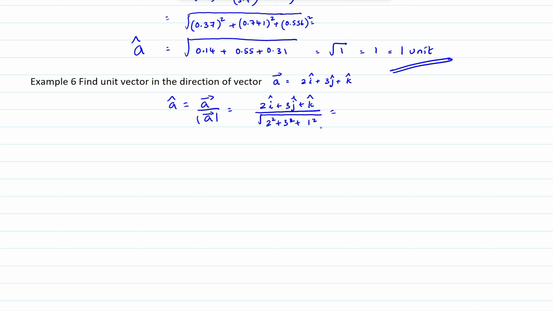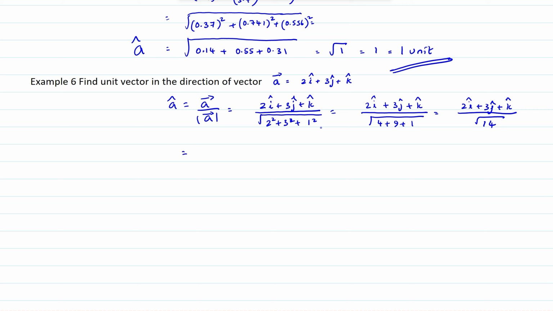That will be 2i plus 3j plus k divided by root of 4 plus 9 plus 1, which is equal to root 14. So 2i plus 3j plus k divided by root 14.